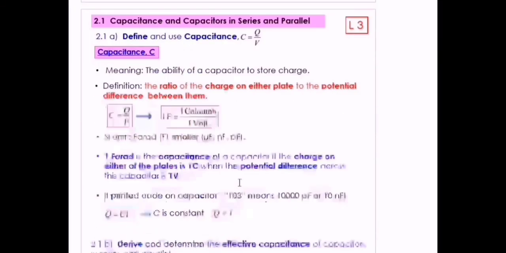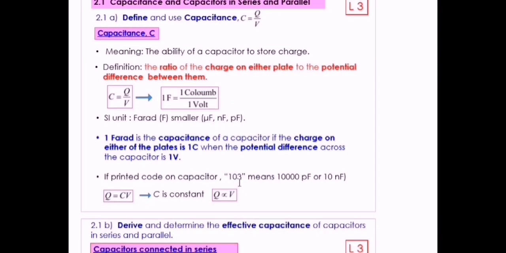So we go straight into the first part. The first learning outcome is you should be able to define and use the equation for capacitance. So what is capacitance? A capacitor is the device, whereas capacitance is the ability of the capacitor to store charge.